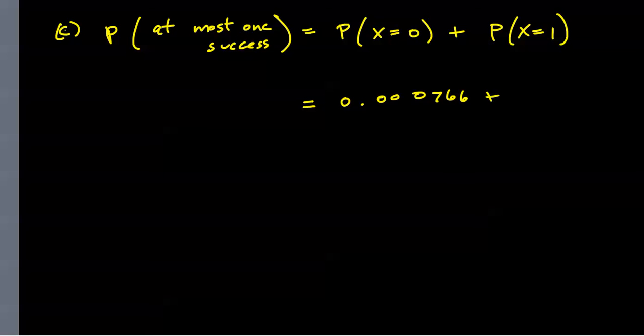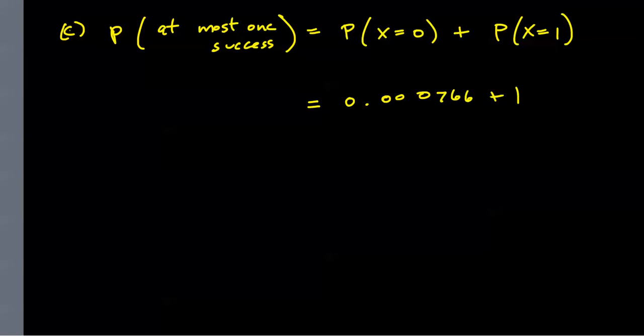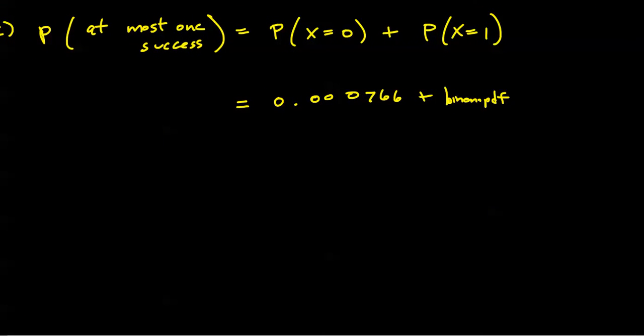0.000766. And the probability of 1 success, well, I can grind that out with, let me get it all in one screen here. Binomial PDF. I've got 12 trials. 0.45 probability of success in each trial, and for this piece I'm looking for 1 success.